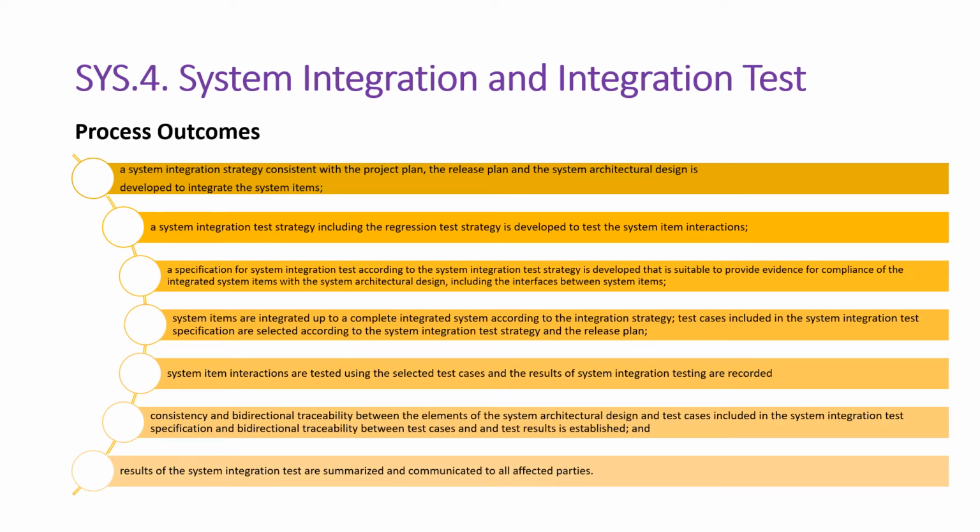Consistency and bidirectional traceability between the elements of the system architecture design and the test cases, and between the test cases and the test results, are established. The results of the system integration tests are summarized and communicated to all affected parties. I have read all these process outcomes because in the next base practices we will get into the details of it.